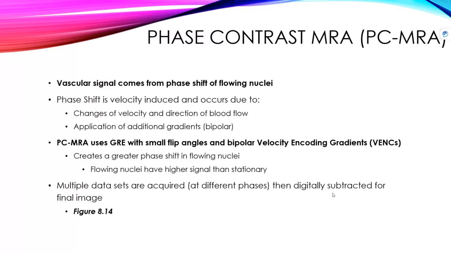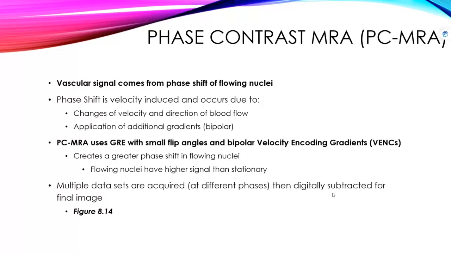If you go to page 280, it gives you a nice little diagram of this bipolar velocity encoding gradient. What I want you to look at, the top of the diagram, is the encoding gradient, the VENC. Notice that the first lobe is positive and the second lobe is negative.